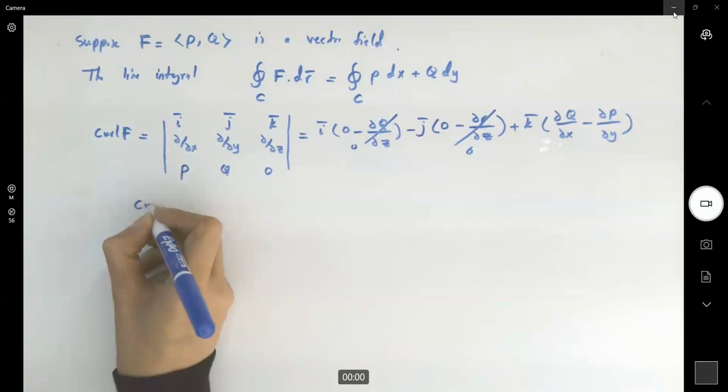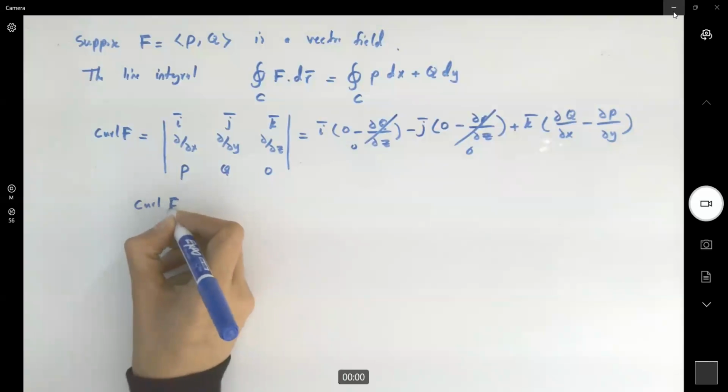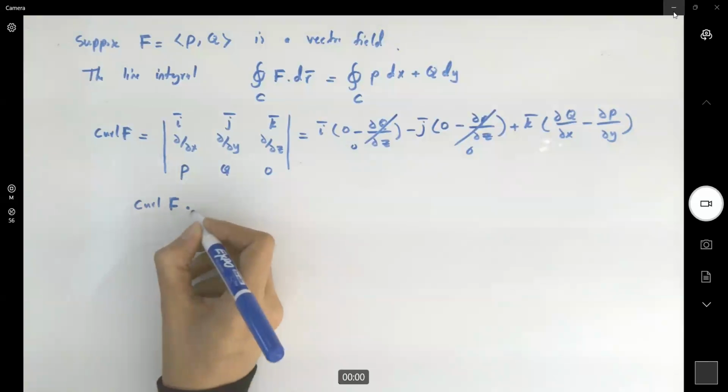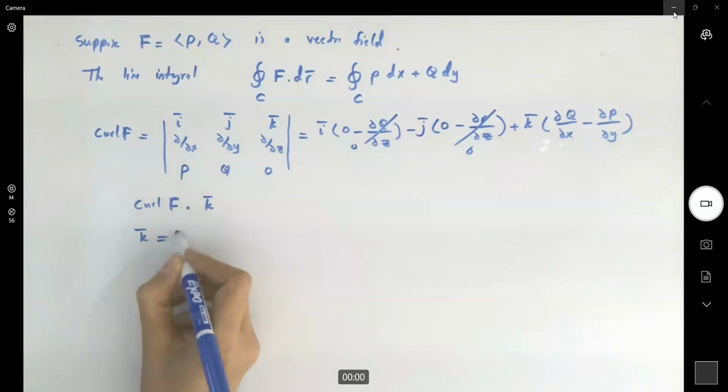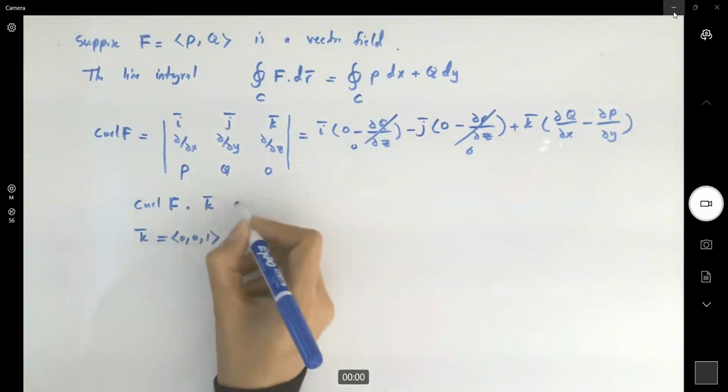So curl of F dot K, remember K was defined as the vector 0, 0, 1.